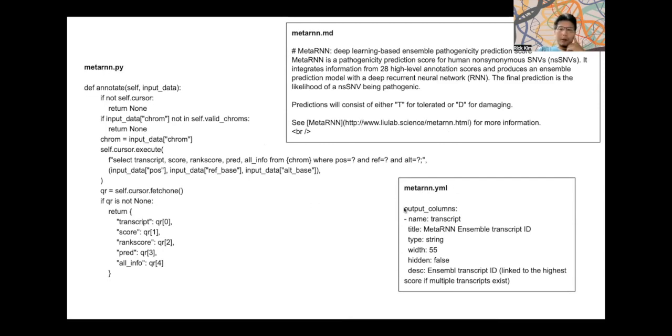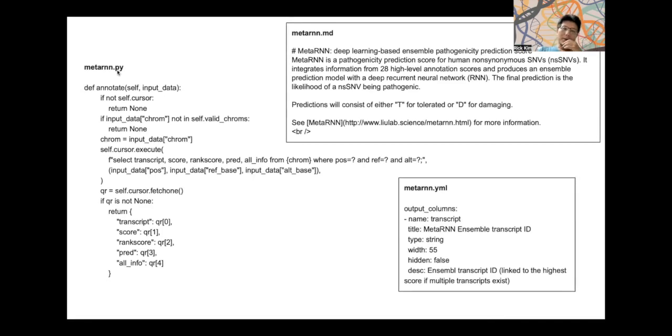In .yaml, there is more information, but I'm showing here the output columns field. So output columns, and we have name, title, type, with hidden description field and their values. But what is essential is the name, title, and type. All the others are optional. For type, we have string, we have int, and we have float.